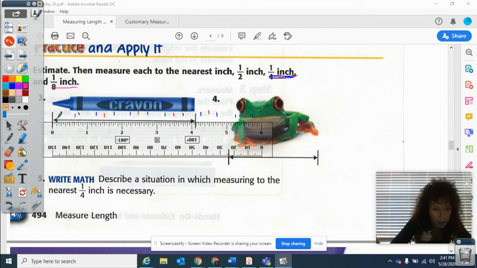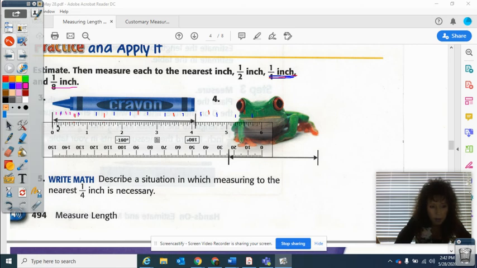So every two is an eighth of an inch. They're a little bit longer lines.